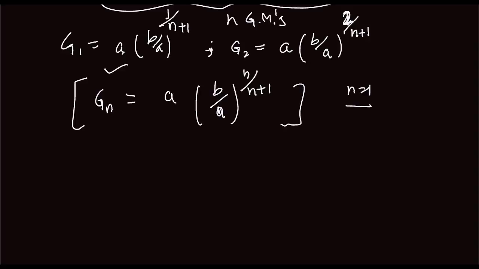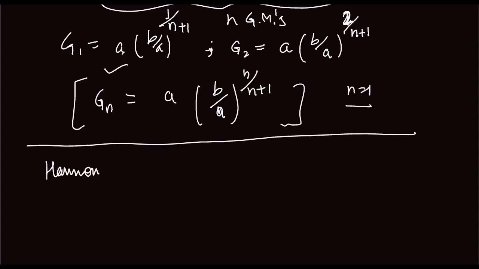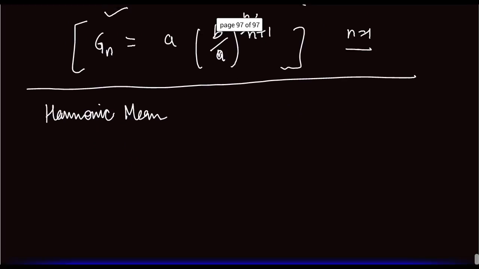Fine. Now the next topic, harmonic mean. Let's say A, B, C are in HP, which is the harmonic progression.